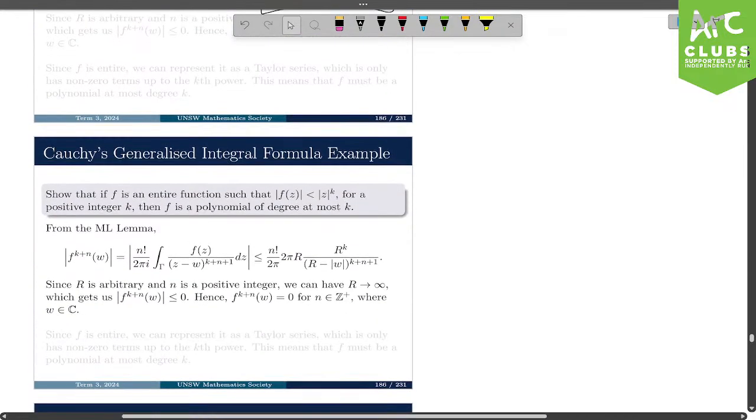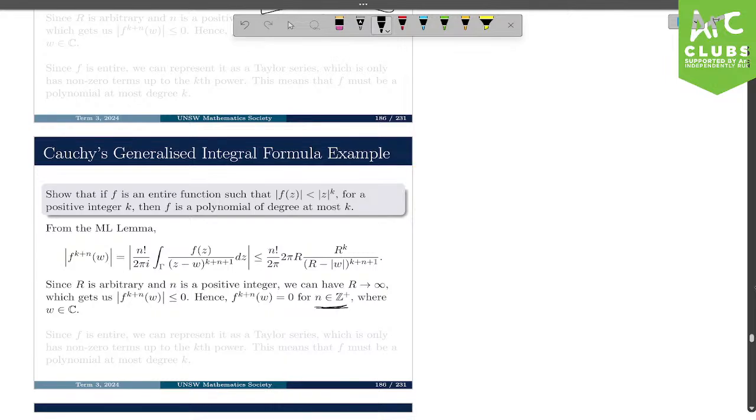Now, given that r is just an arbitrarily large number, and n is just any positive integer, we can let r go towards infinity, and we can just consider any n. So smallest case will be n is 1, for which case we know it no longer works. But we note the biggest important thing here is that as long as r goes to infinity, this goes to 0, okay? This goes to 0.